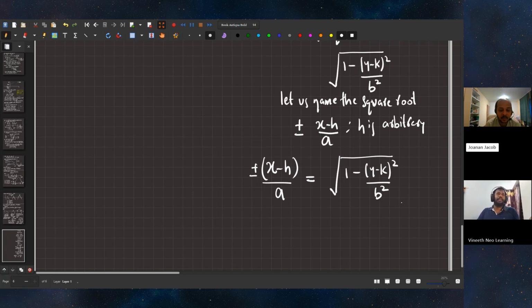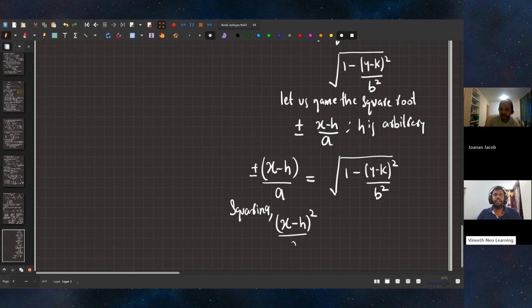If you square this, you will get the equation for the ellipse: (x minus h) whole squared over a squared equals 1 minus (y minus k) whole squared over b squared.